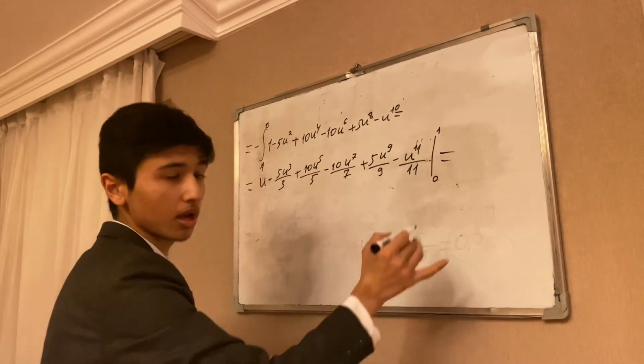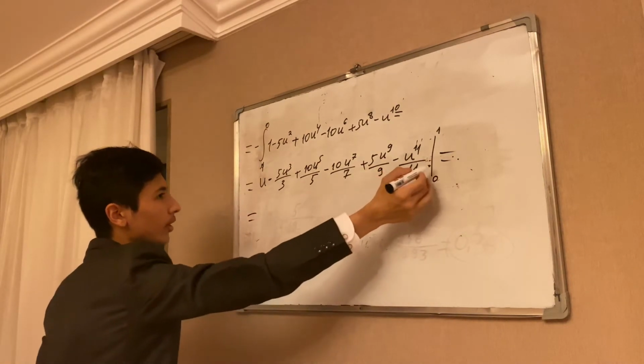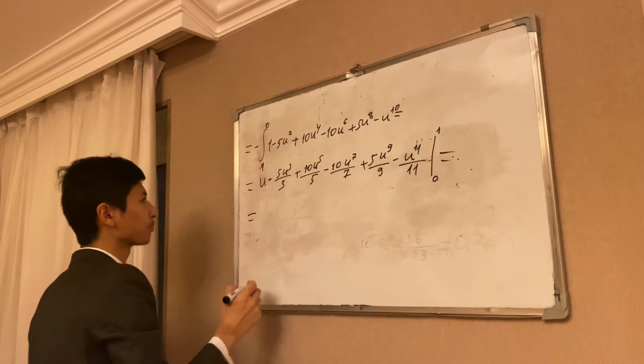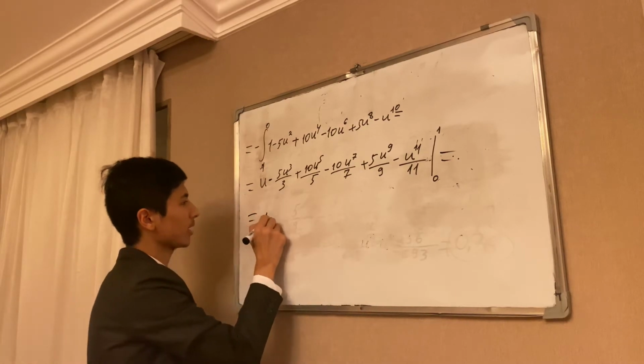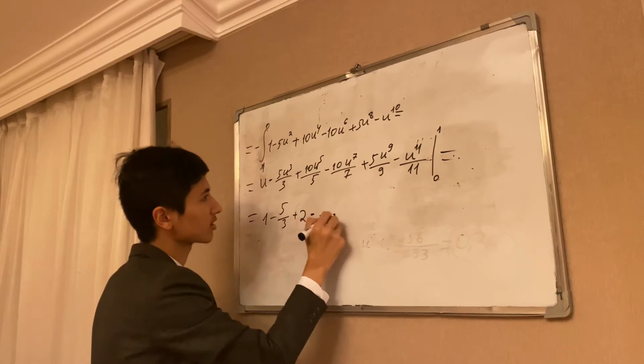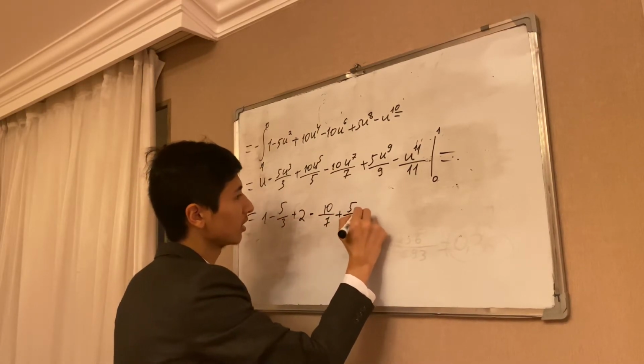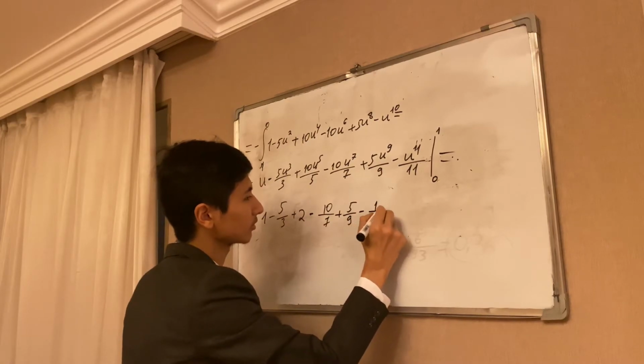I put here an equality sign and write 1 minus 5 over 3 plus 2 minus 10 over 7 plus 5 over 9 minus 1 over 11.